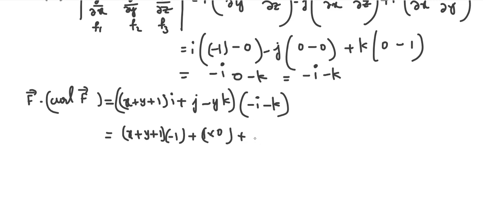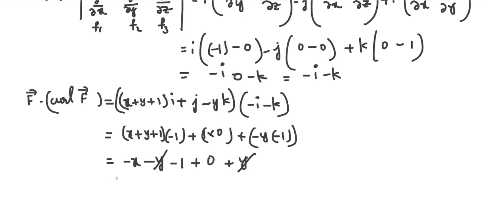Plus, here the coefficient of k is -y, and here the coefficient of k is -1, right? What happens here? It is -x - y - 1 + 0, and minus into minus gives plus y. So plus y and minus y will get cancelled, so it is -x - 1.